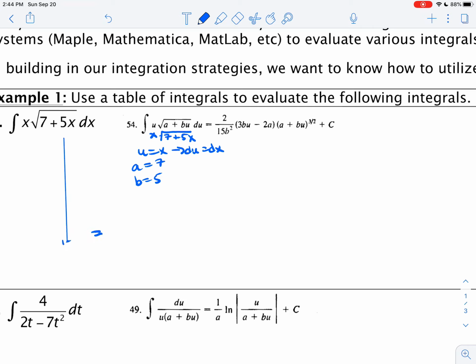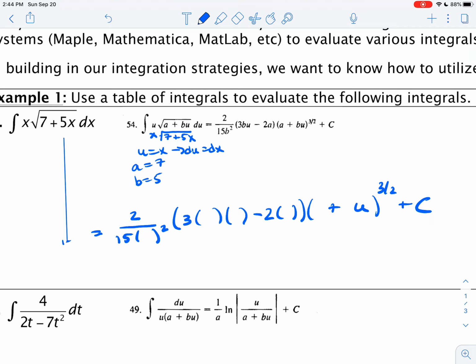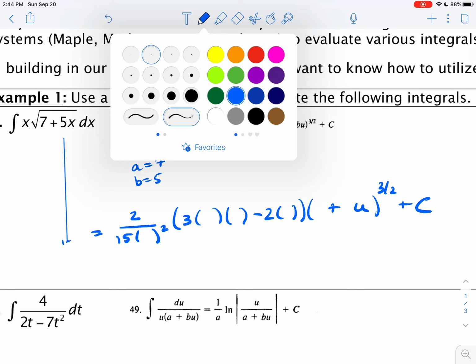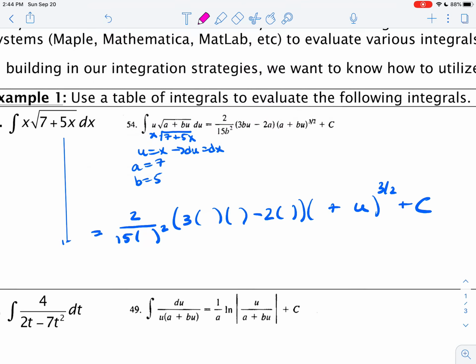So I see down here that my integral is going to be 2 over 15 b squared times 3bu minus 2a times a plus bu to the 3 halves plus c.